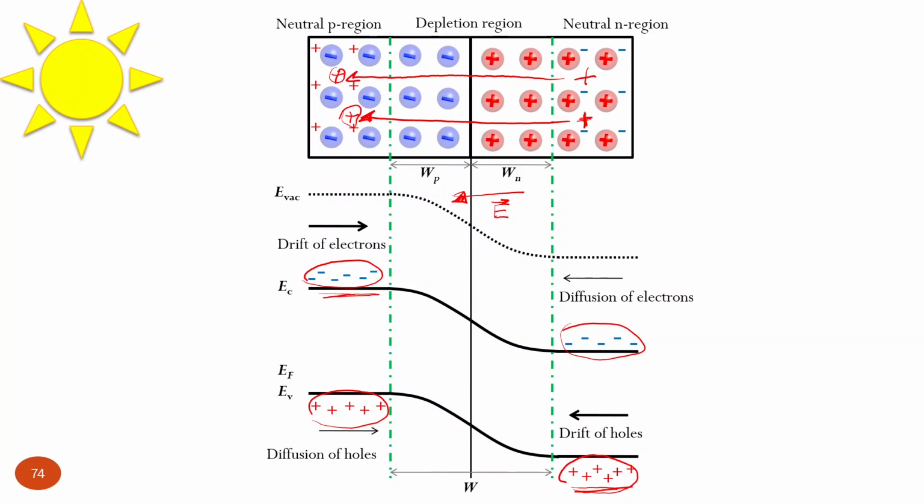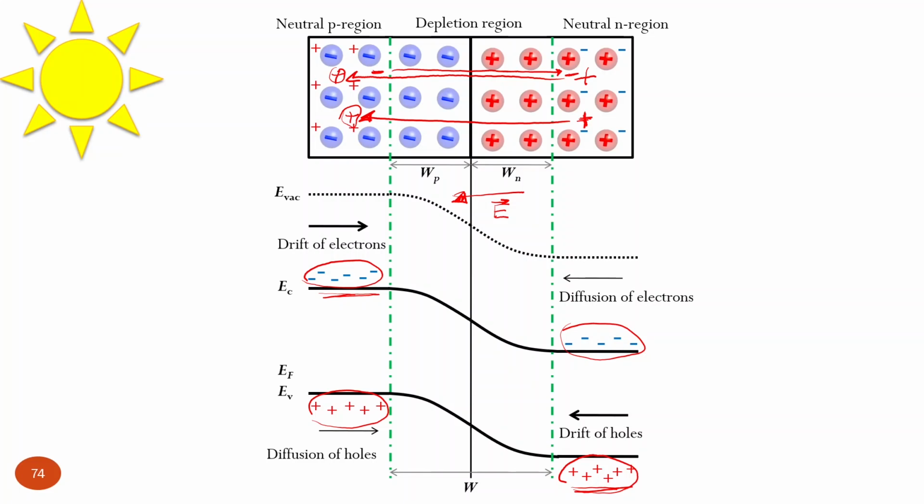Similar happens here when we have an electron as a minority charge carrier in P-type. It drifts to the N region, and here it becomes a majority charge carrier. It also does not recombine because it's a majority charge carrier, so it starts to accumulate.